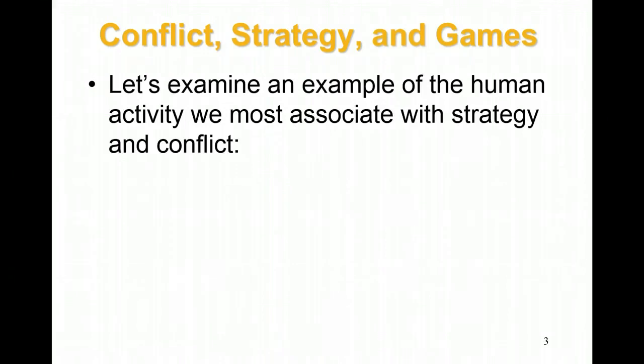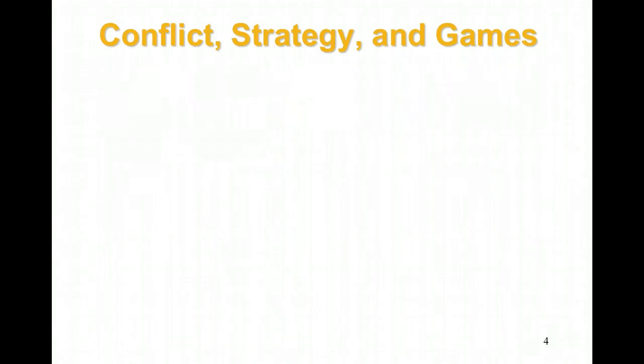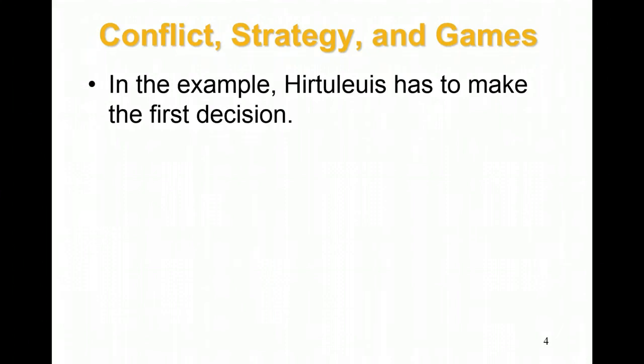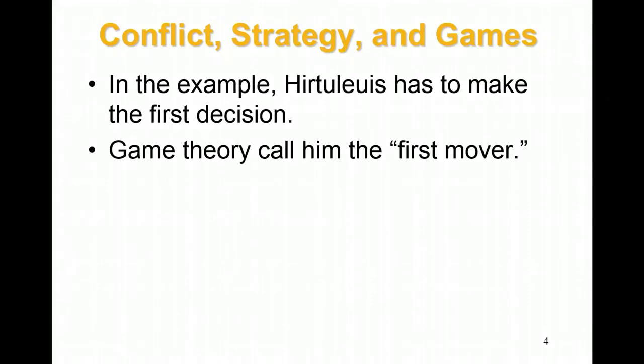So let's take a look at an example of game theory and how it can simplify things with a classic case of conflict, war. This is an example of an actual period in Roman history, and we've got a general called Hertilius. Hertilius has got to make a decision, and since Hertilius is making the decision first, we call him first mover.